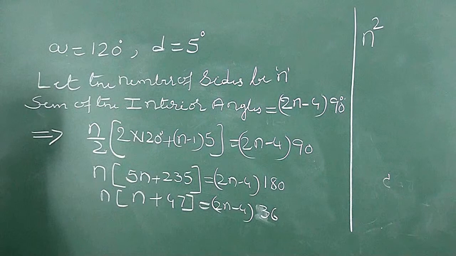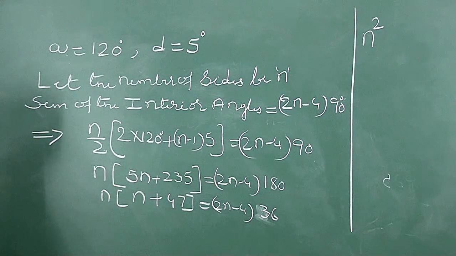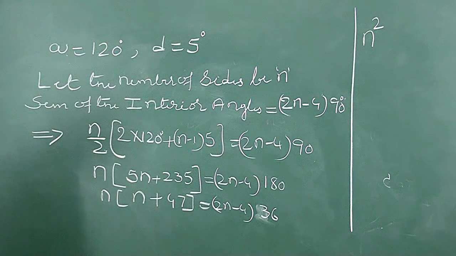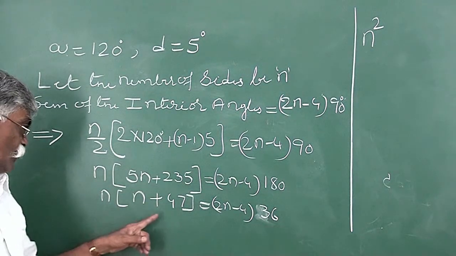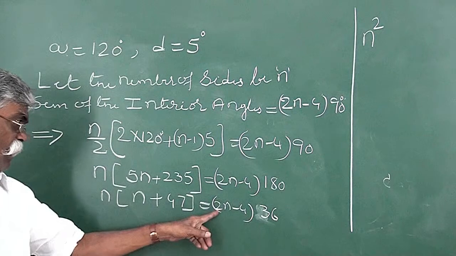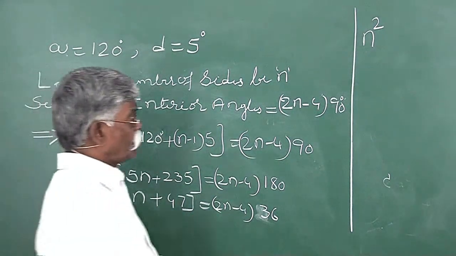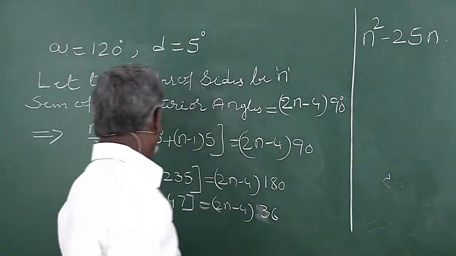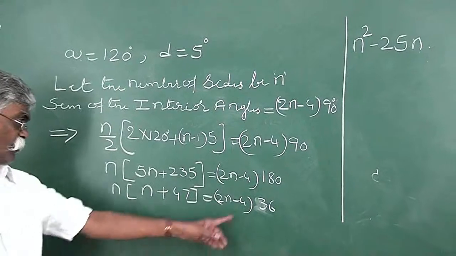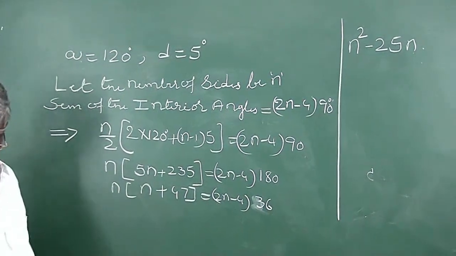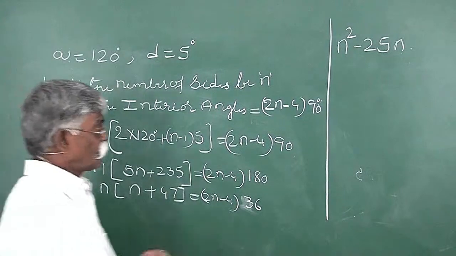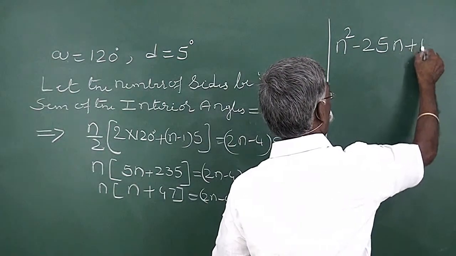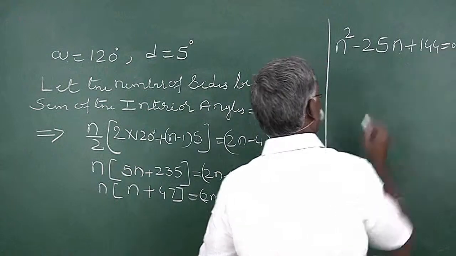So minus 47n, so n square plus 47n minus 72n becomes minus 25n, and the constant here is minus 144. It comes to this side, it is plus 144 is equal to 0.